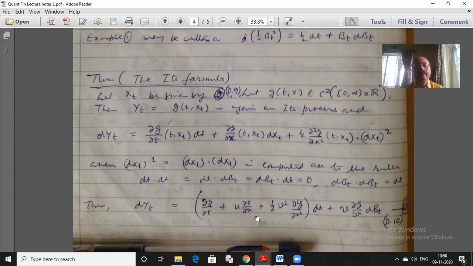It is closed, and I have an explicit formula for evaluating the new dt and dBt coefficients from the original u and v using the Ito formula. So this is what we have, and this is the main toolbox for our Black-Scholes methodology.